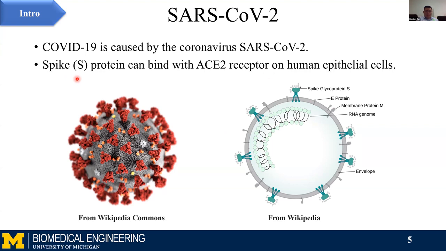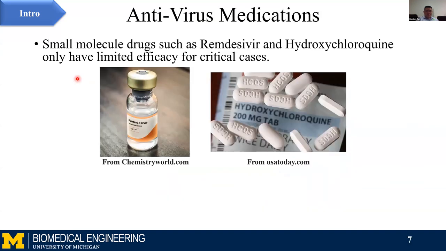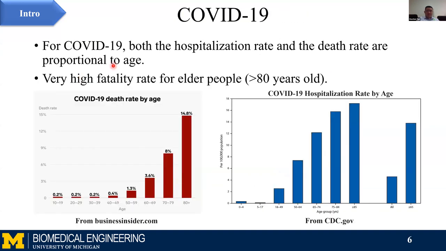So for COVID-19 disease, the hospitalization rate and the death rate are both proportional to age. For young people like us, it is not that dangerous, because the fatality rate is typically less than 0.5%.